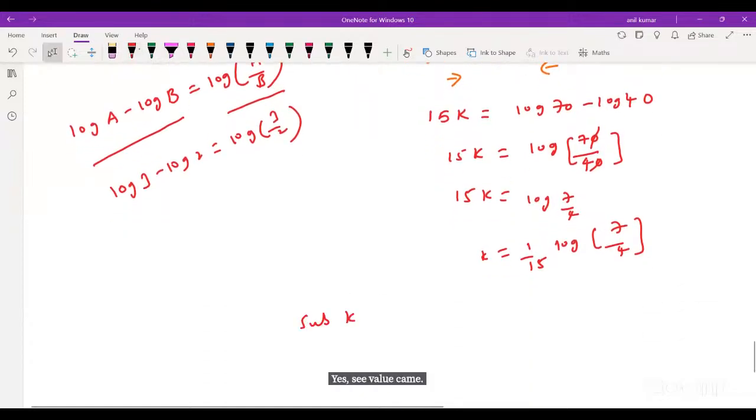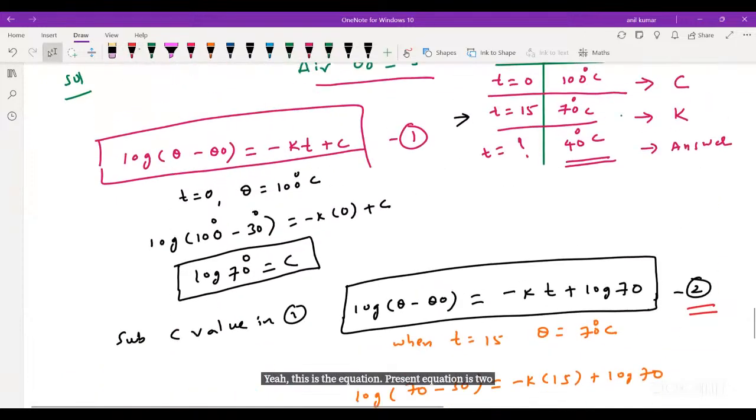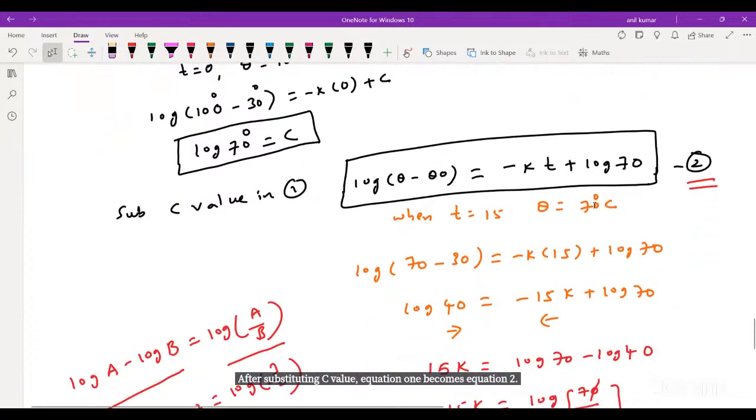Substitute the K value in equation 2. Yeah, this is the equation. The present equation is 2. After substituting the C value, equation 1 becomes equation 2. Now, we are going to substitute the K value here. After substituting the K value, it becomes equation 3.